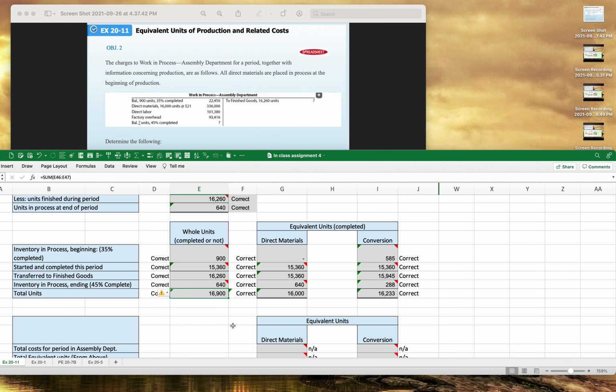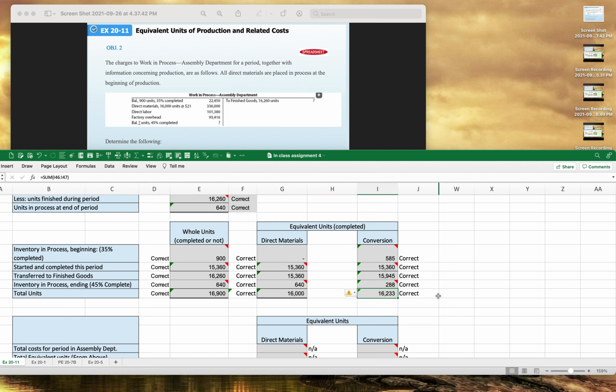And basically they tell us at the end that of all the units that were accounted for in this quarter, 16,000 of them are complete as to the direct material added. 16,000 units were added direct material, and 16,233 units were given conversion costs.